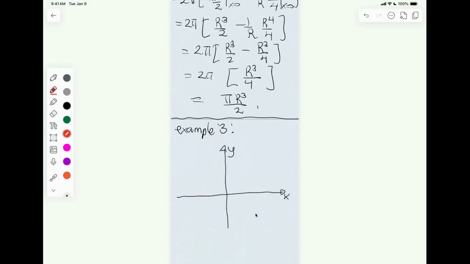Imagine I have this parabola, but now I'll give it a specific number. I'll put R to be 2, because otherwise it would come out a bit messy. So this is x squared over 2.